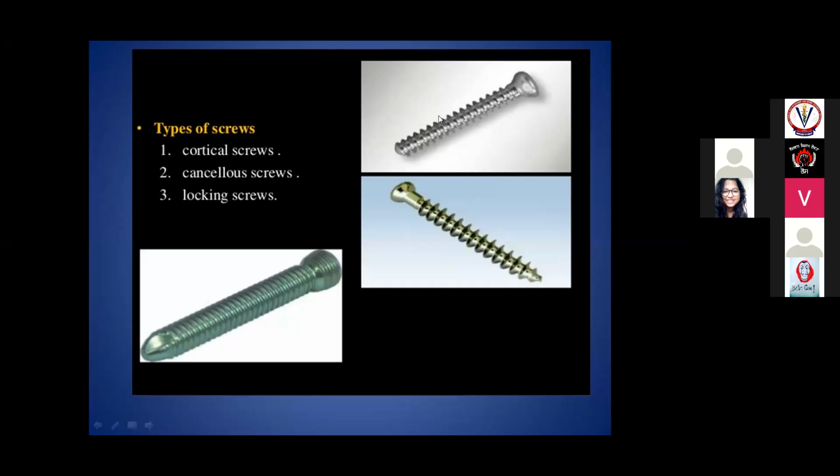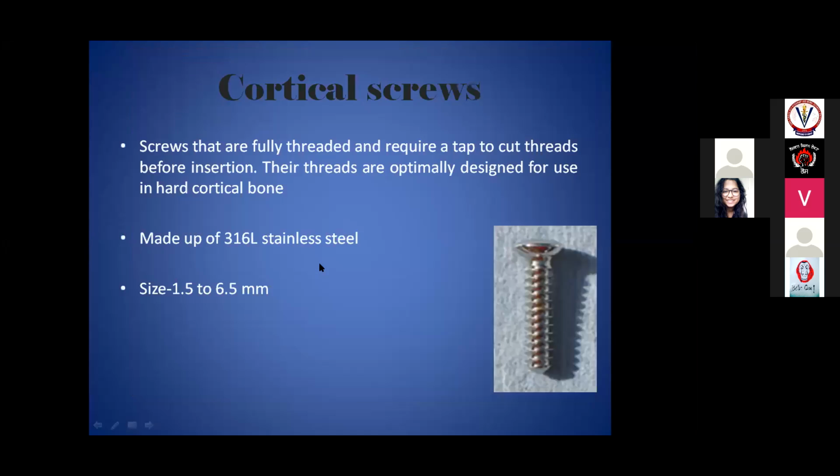There are 3 different types of screws: cortical screw, cancellous screw, and locking screw. Cortical means when we use the screw in a cortex, like on the diaphysis, we call them cortical. When you use them in spongy or cancellous bone, we call them cancellous screws. And if you want to lock the screw with the plate, we use locking screws. So we go briefly through these screws.